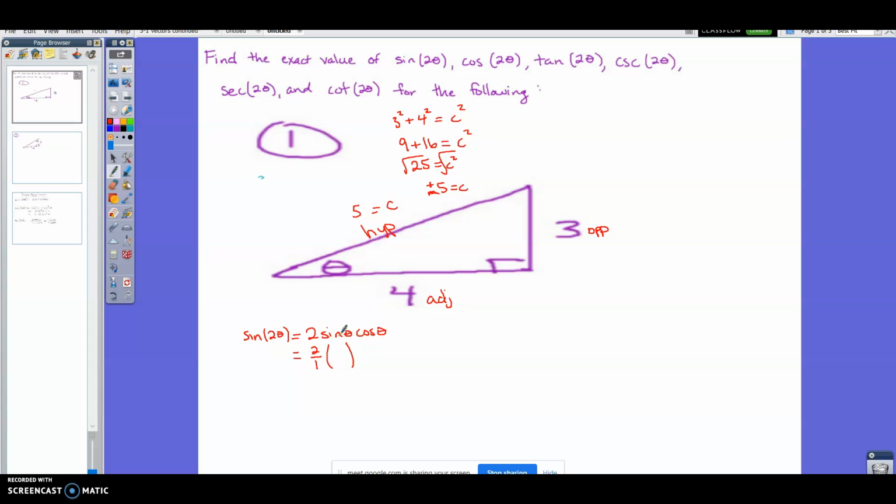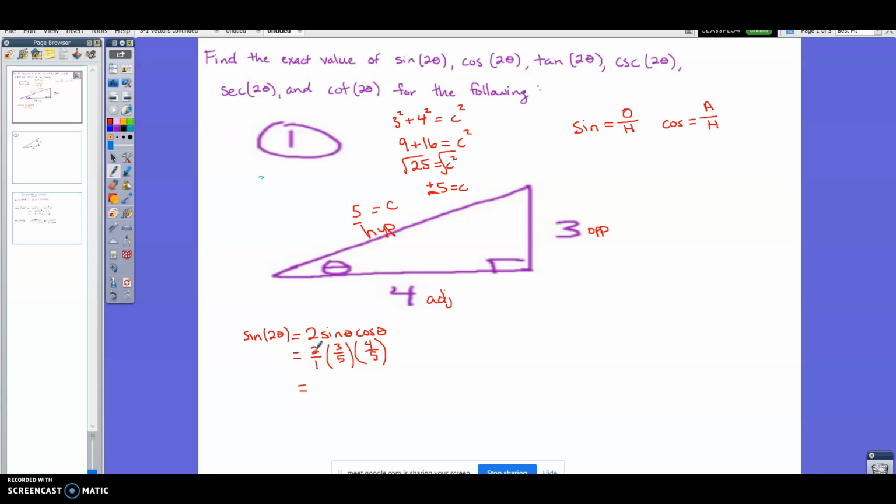The sine is the opposite over hypotenuse. So our opposite side is 3, hypotenuse is 5. Then to fill in the cosine, cosine is the adjacent over hypotenuse. So our adjacent is 4, over hypotenuse, which is 5.